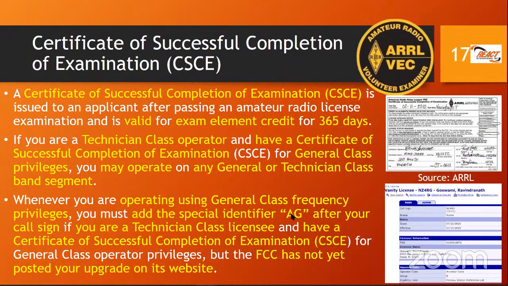Use the Alpha Golf or the AG after your call sign to indicate to persons, because they will look you up on the database and say, but wait a minute, this person is a technician class. How come he or she is on the general class portion of the band doing general class modes? Well, you have just identified yourself, Alpha Golf, to say, hey, I actually have my CSCE for general class, and therefore I'm permitted.